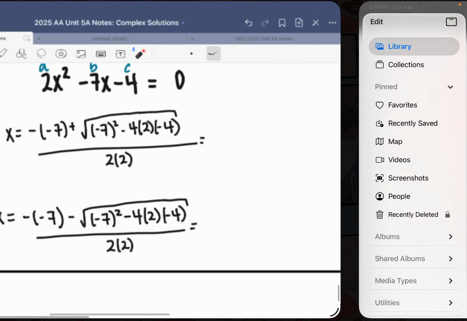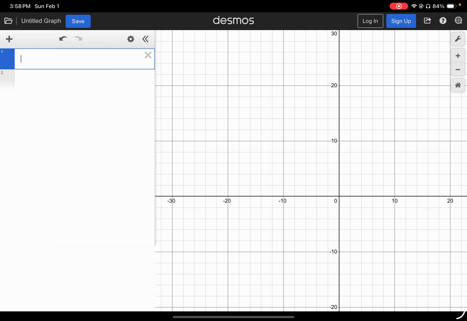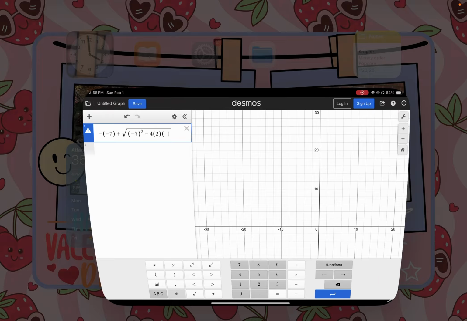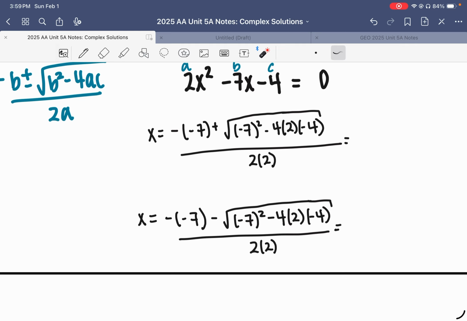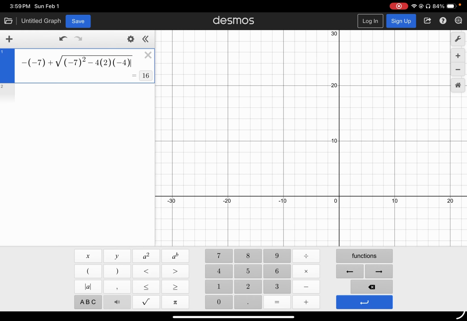There are all my pictures. Here we go. We had negative b plus the square root of b squared minus 4 times A times C all over 2A.